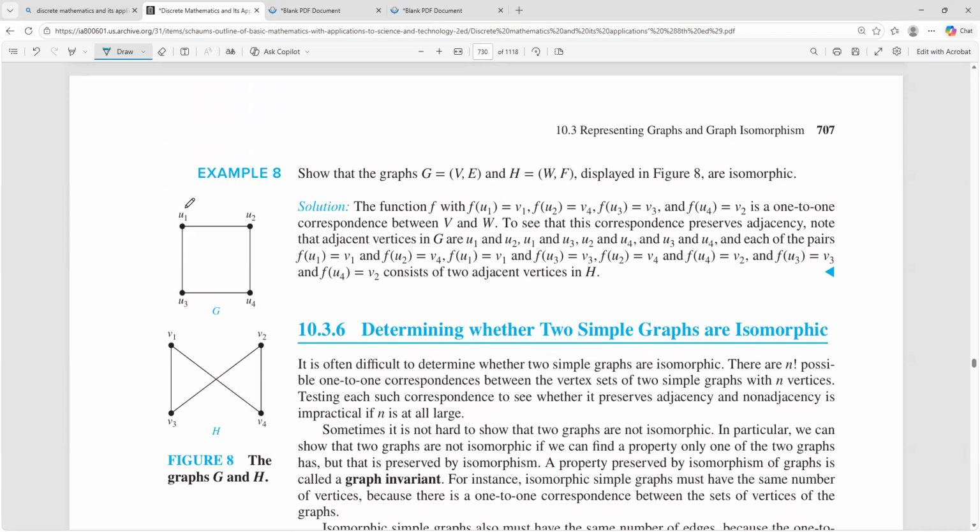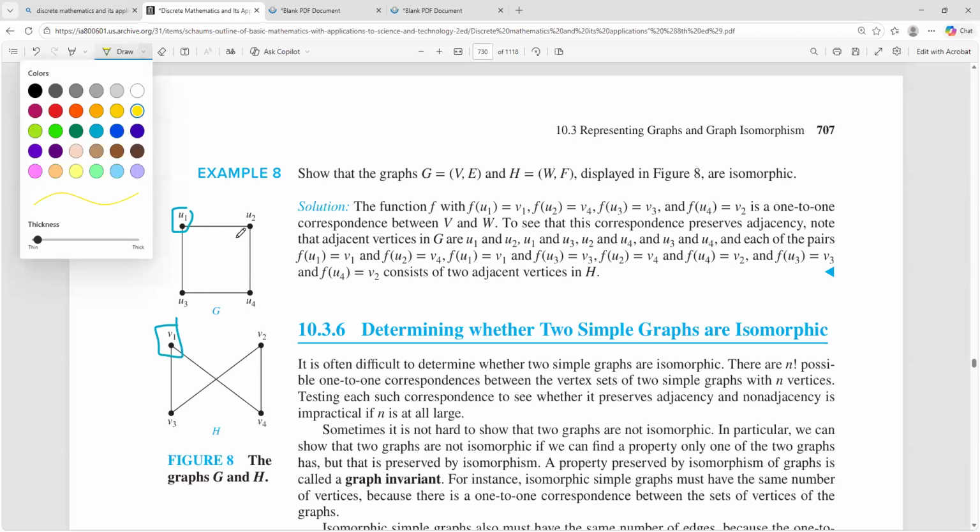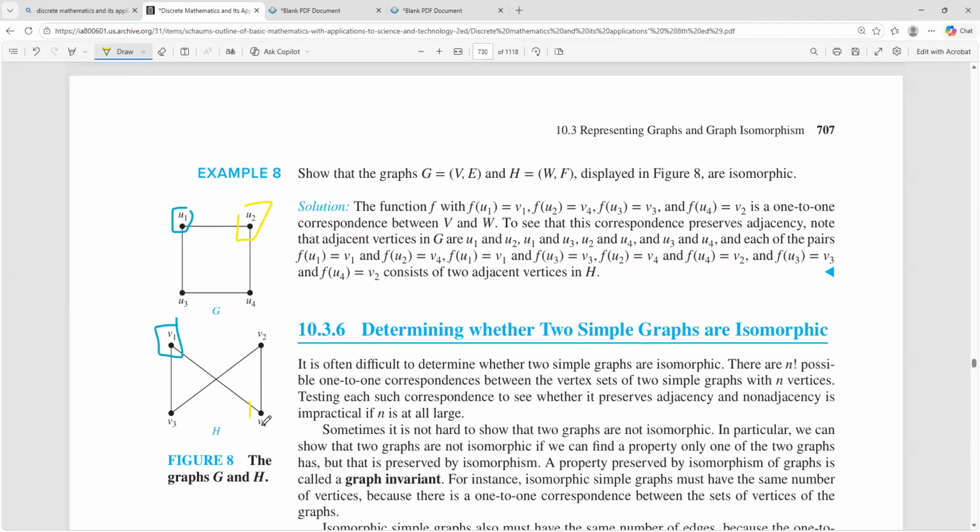It's very intuitive. For example, I can match U1 to V1. U1 is connected to U2, right? What is V1 connected to? V1 is connected to V3 and V4. So let's let U2 equal V4. U2 is connected to U4, and V4 is connected to V2.